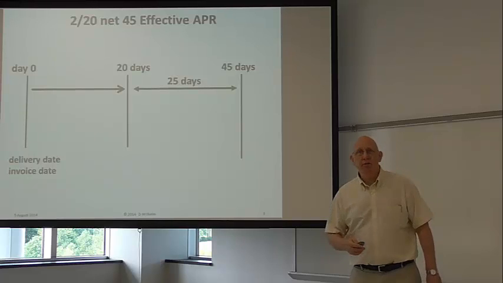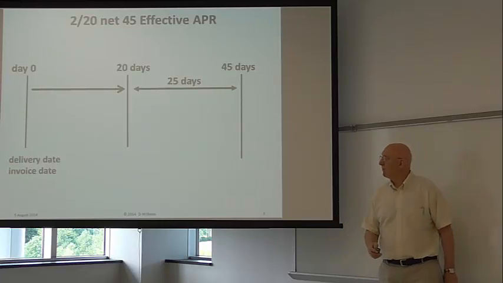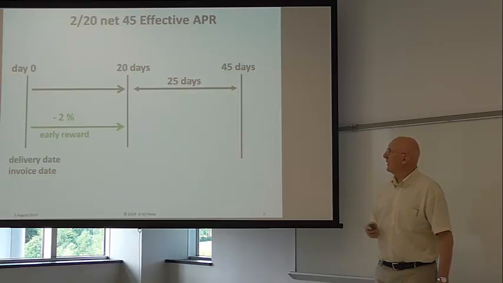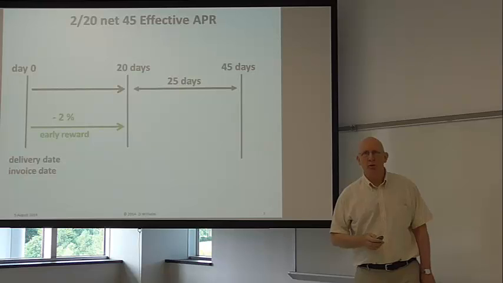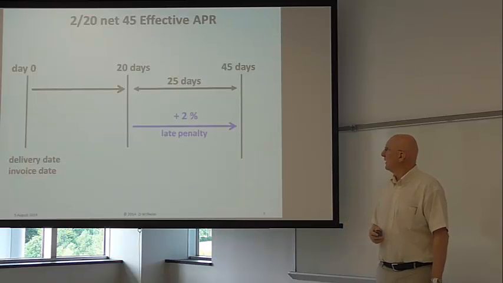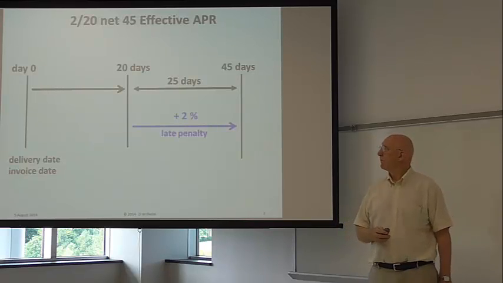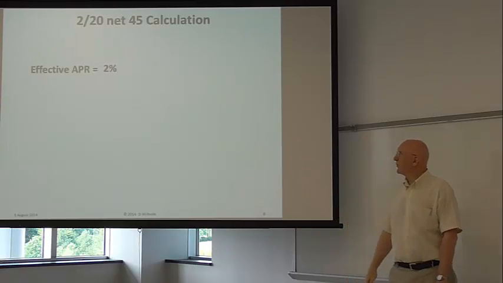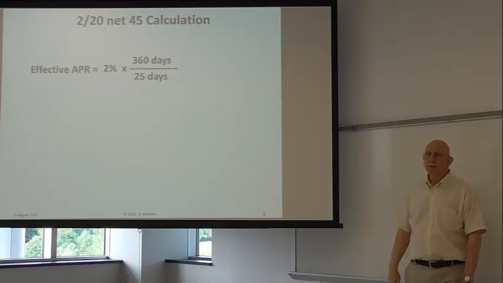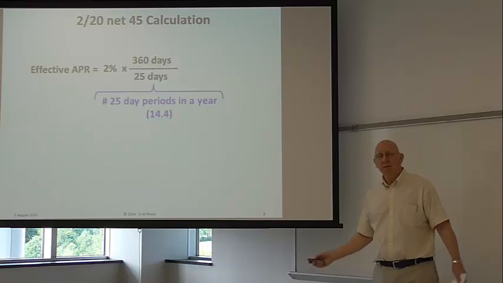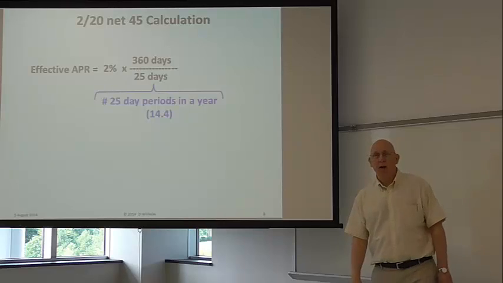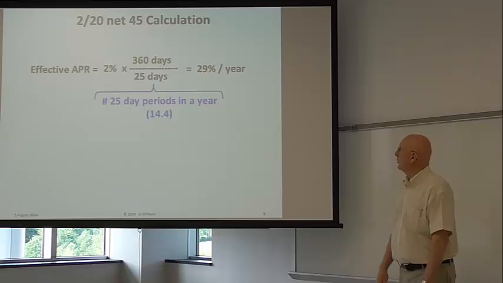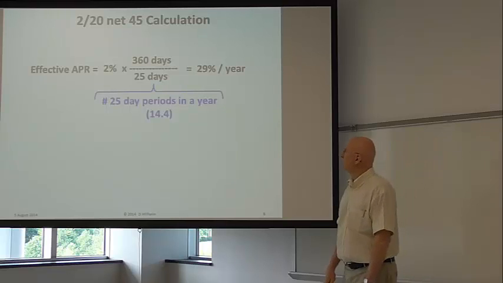The 2/20 net 45, same diagram. Once again, instead of thinking of it as a 2% early reward, think of it as a 2% late penalty. Effective APR is 2% times 360 over 25, and that's just the number of 25-day periods in a year, and that comes out to about 29% per year.